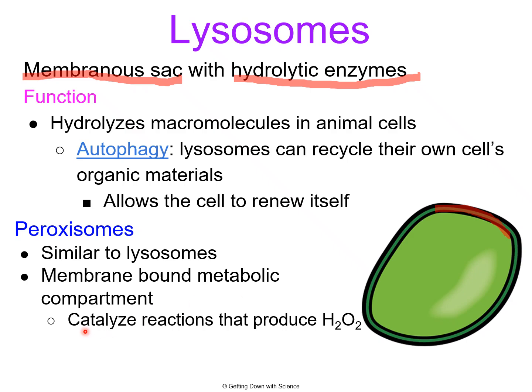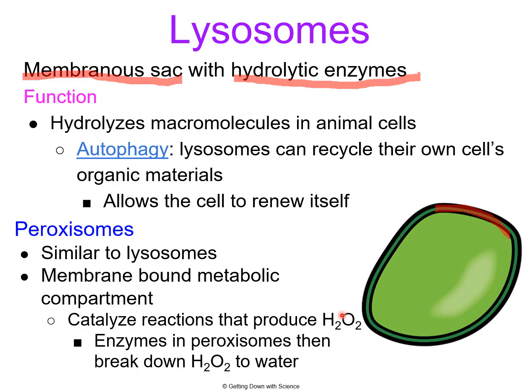They catalyze, and the word catalyze means to speed up. So they speed up a reaction that produces H2O2. I want you to pause and think about what that is. And if you don't know, H2O2 is hydrogen peroxide. So peroxisome, hydrogen peroxide.